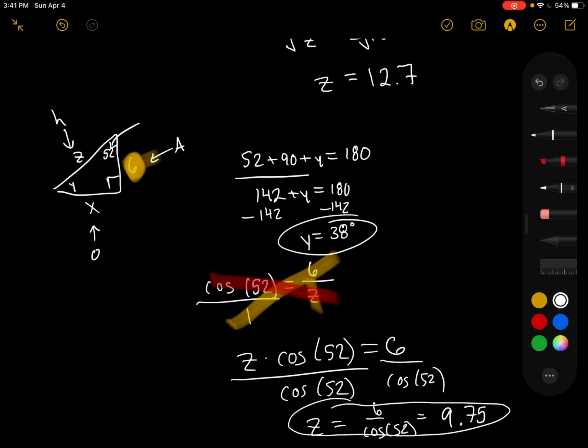So we have y, we have z, and then now we can finish up with the Pythagorean theorem. So we have x squared plus 6 squared equals 9.75 squared. So we can take that, square that answer, go from there.